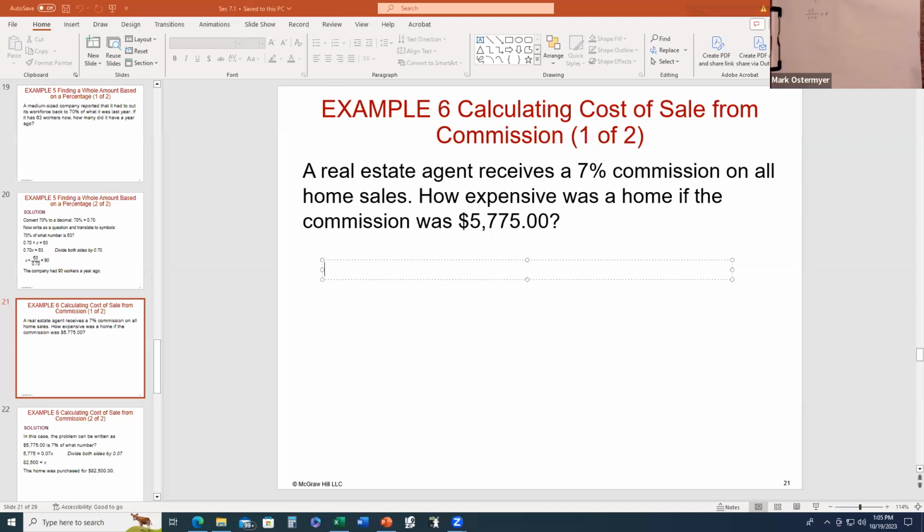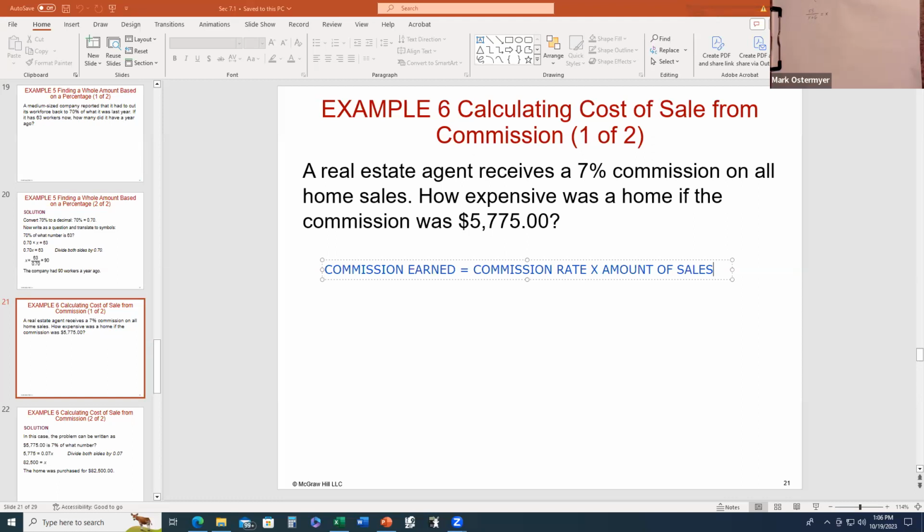So how would we compute a commission? Well, commission earned is always equal to the commission rate times the amount of sales. So the more you sell, the more commission you're going to earn.